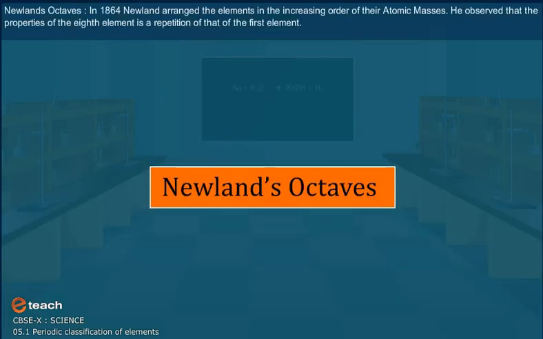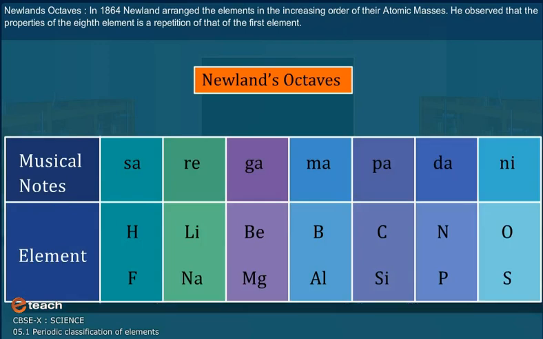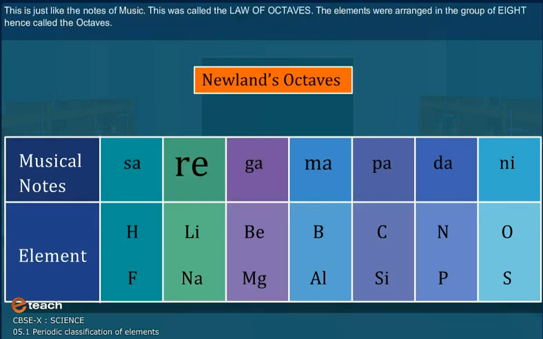Newlands' octaves. In 1864, Newlands arranged the elements in the increasing order of their atomic masses. He observed that the properties of the eighth element are a repetition of the first element, just like the notes of music.